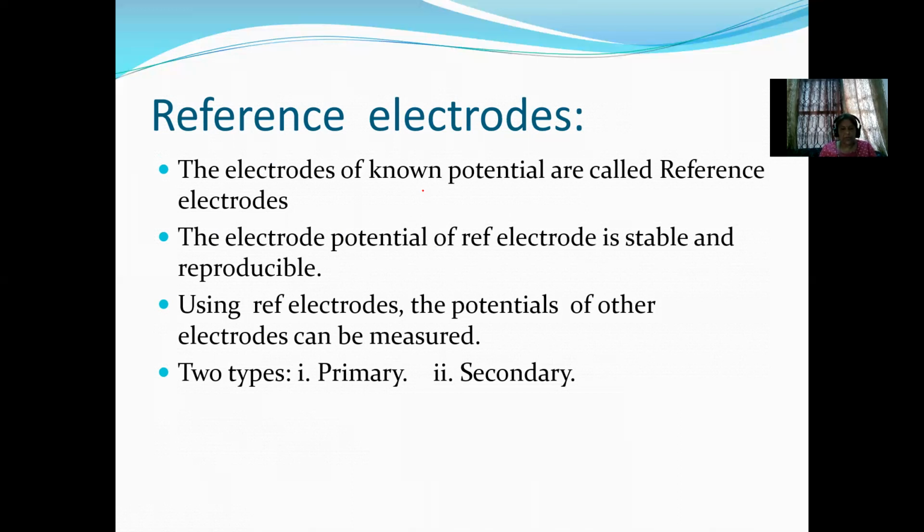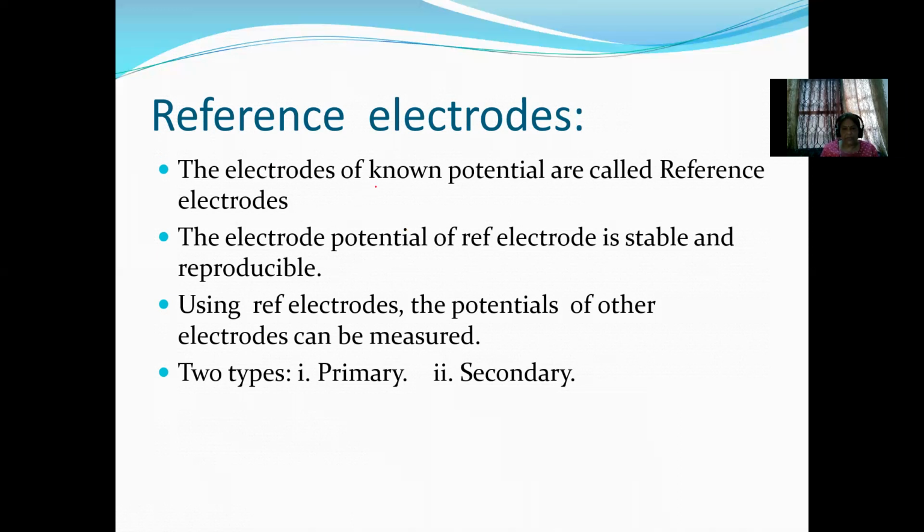These are called the standard potentials. But if you are not maintaining standard conditions, how do you know the electrode potential of that particular electrode? If you do not know it, we call it simply an electrode. If you know the potential of the electrode, you call it a reference electrode.